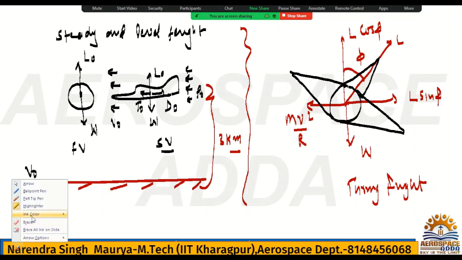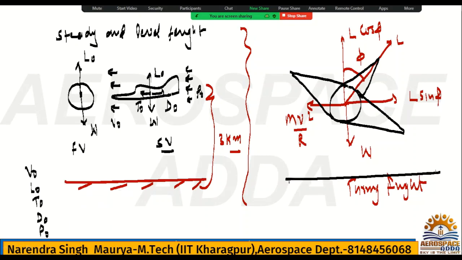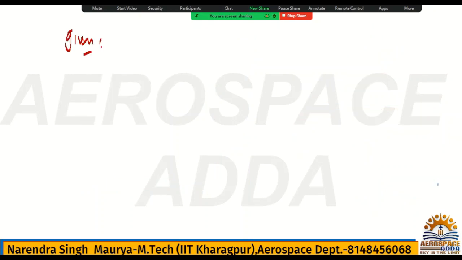Turning is also on the same altitude, because it is a coordinated turning, right? Means altitude is not going to change. 3 kilometer altitude from the sea level for both the diagram. Okay, hope you understood.